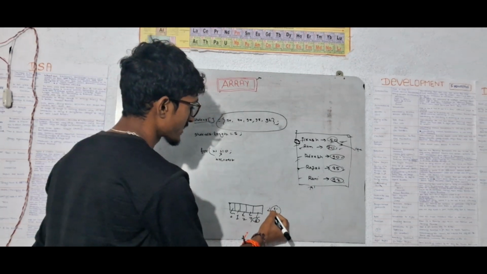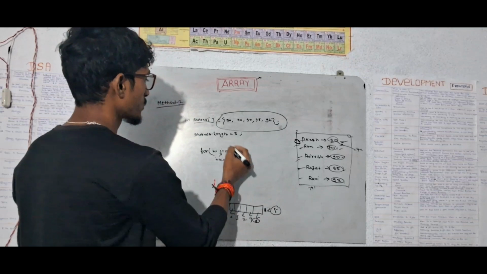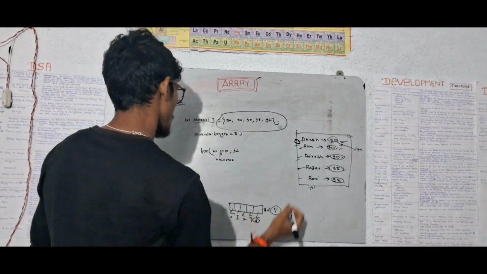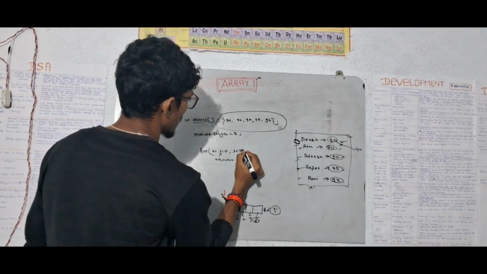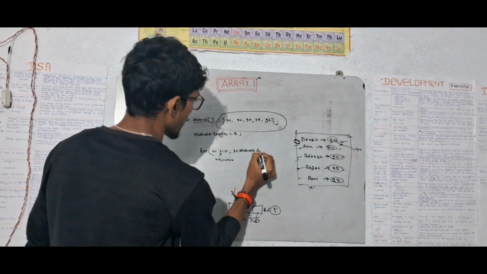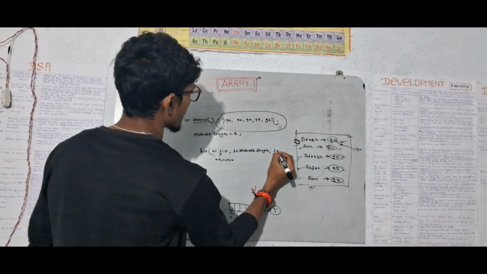So we need the termination condition: I less than students dot length. In every step we will increase by one.